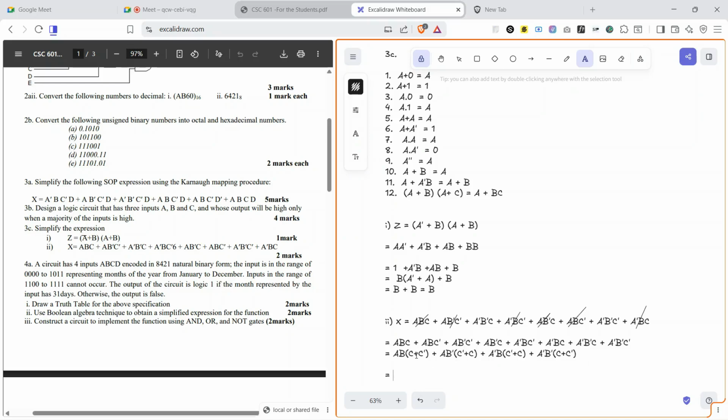So all of this is one. This will be one. This will be one. This will be one, and this will be one.